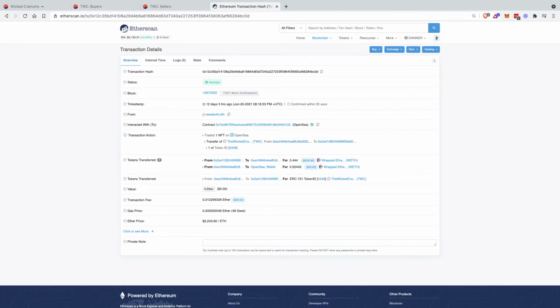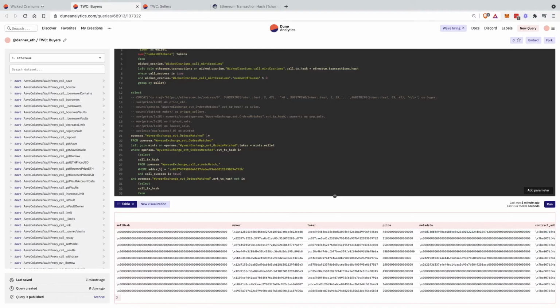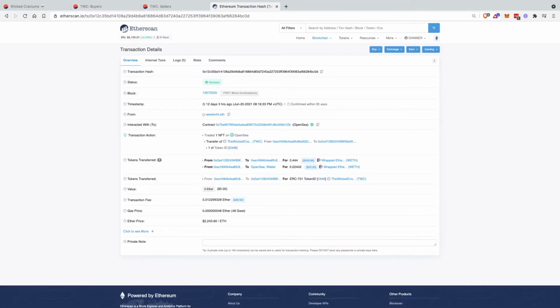And let's actually take a look at, we're transferring it to the account that ends in CCD8, which is listed as the maker here, and the taker is that A6 account.